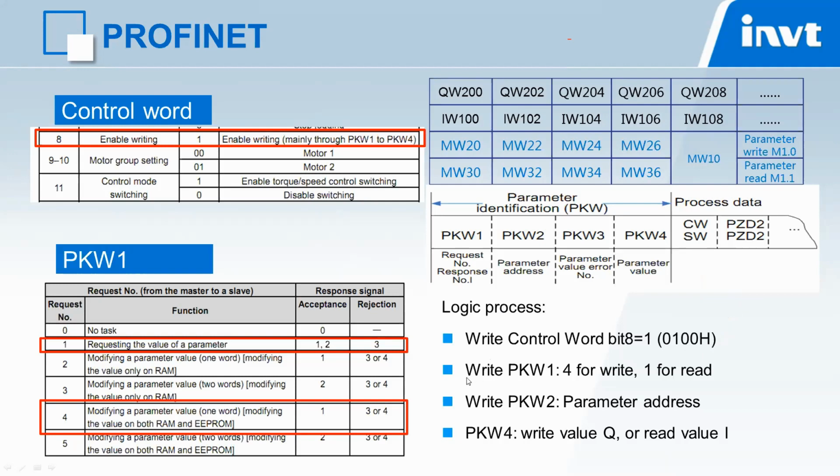Then we write PKW1. If we want to write the parameter value, we write 4. If we write 1, it's for reading the parameter value. PKW2 is the parameter address. In PKW4, we write the value, or read the value. If we read, just read from PKW4. If we want to write, just write the value which we want.